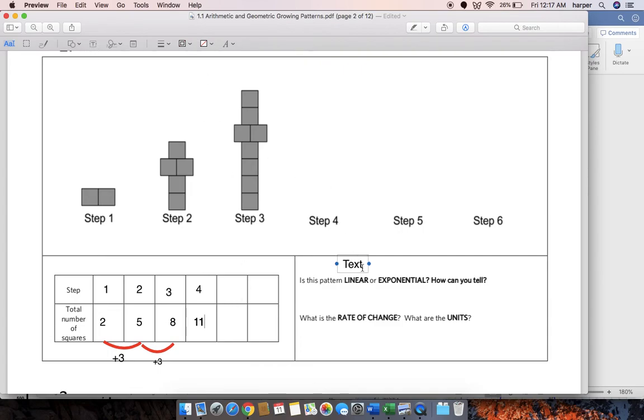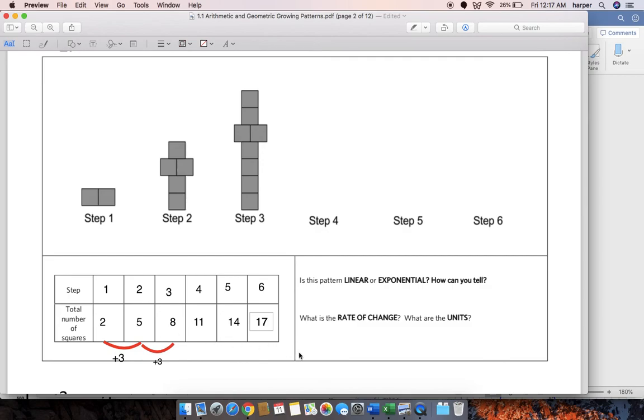Then for step 5, it would be plus 3 from our last step, which is 14. Hopefully you guys are saying it while I'm having a little wait time. Our 6th one would be 17.